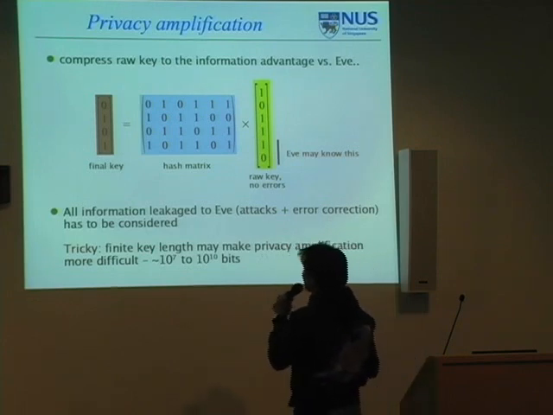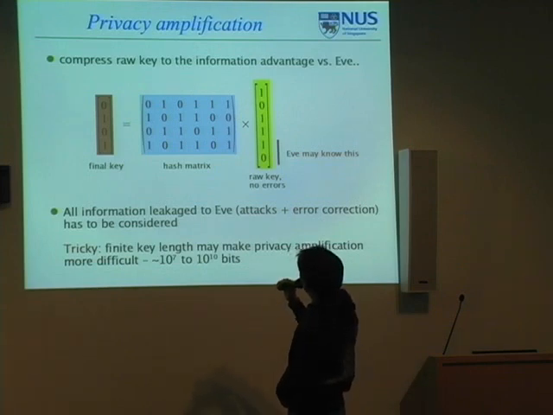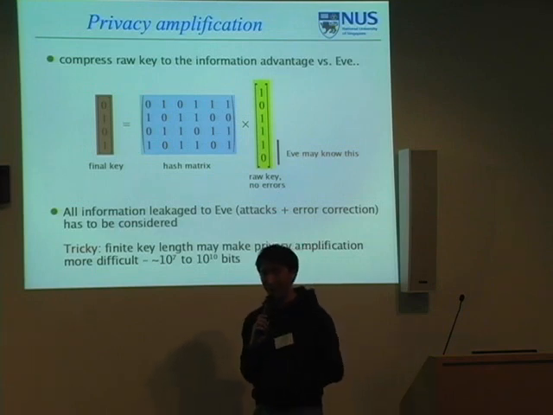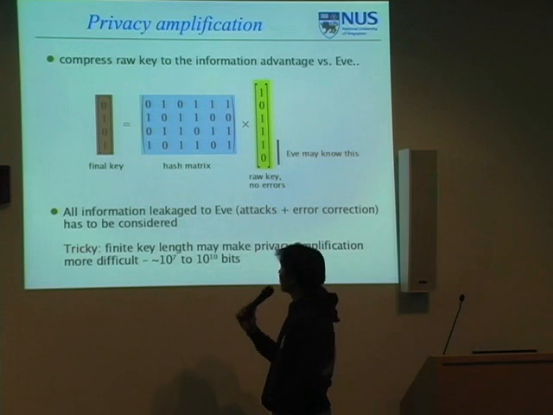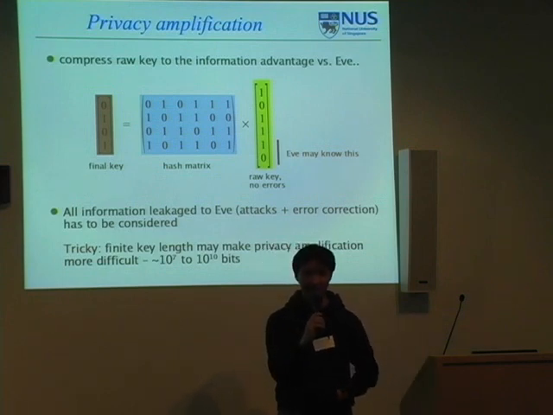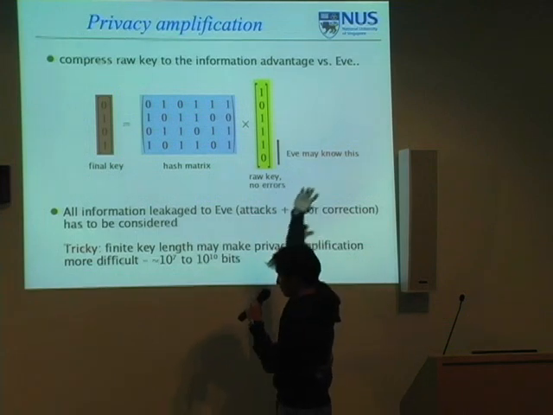Okay. So the thing is, it looks easy in practice, but one of the problems with current QKD systems is that privacy amplification in this way has always been analyzed theoretically in an asymptotic limit. They assume that you have an infinite set of raw bits.